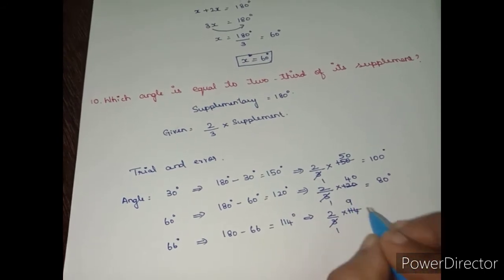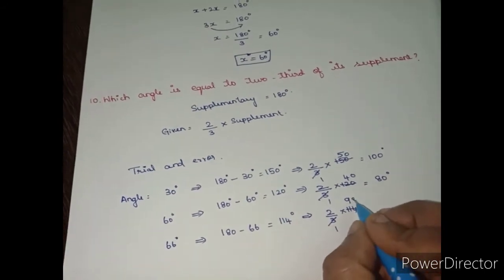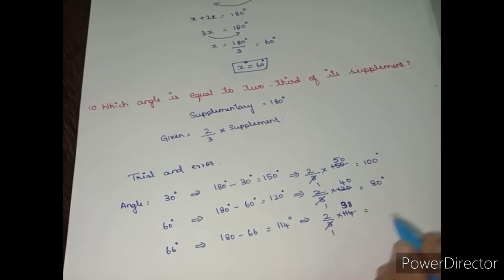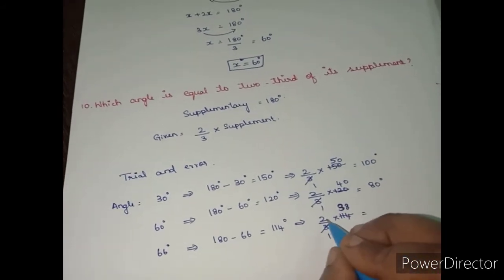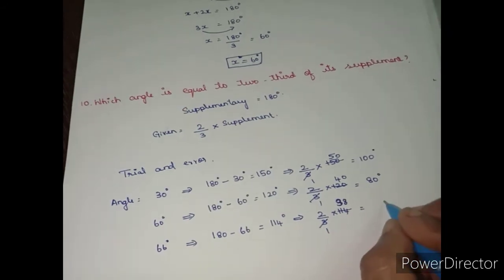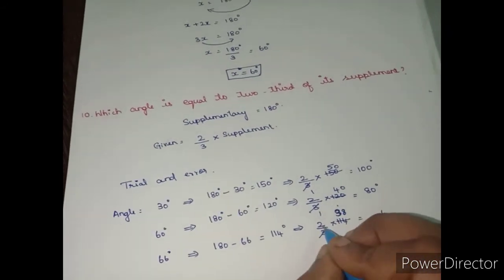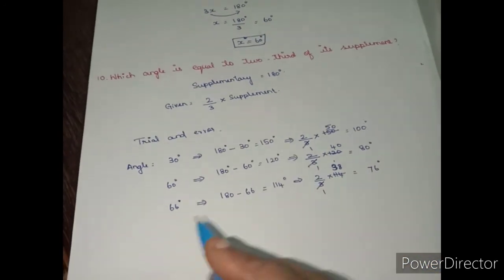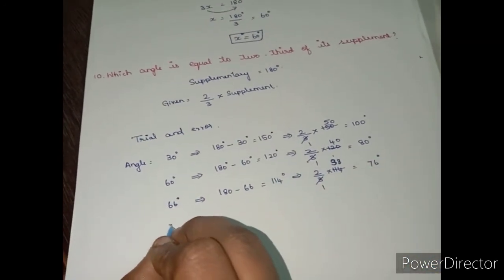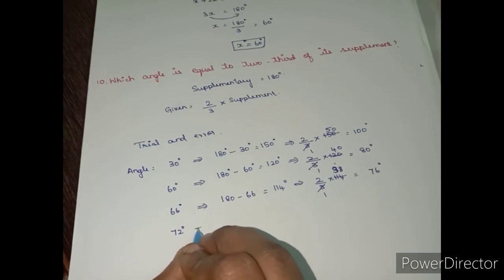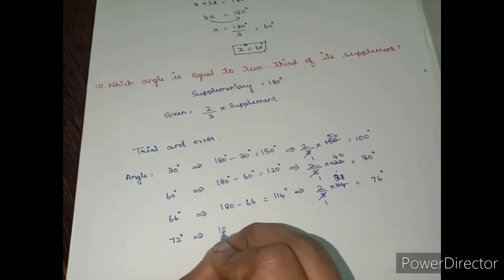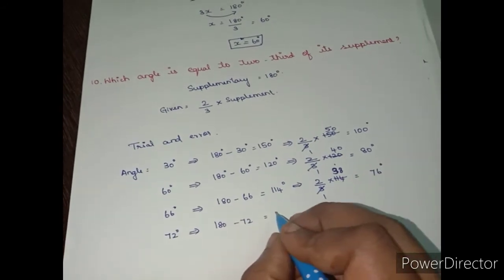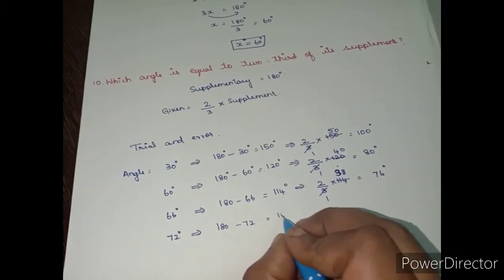Sorry, 3 3s are 9. 3 times 38. So 38 into 2. 2 8s are 16, 1. 2 3s are 6, 6 plus 1 is 7. 76. It is wrong. We'll go with the next degree. 72 degrees. So 180 minus 72 is how many?